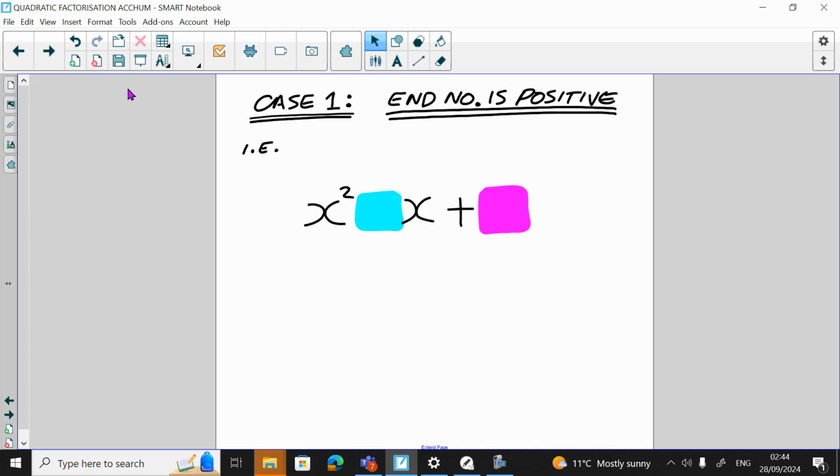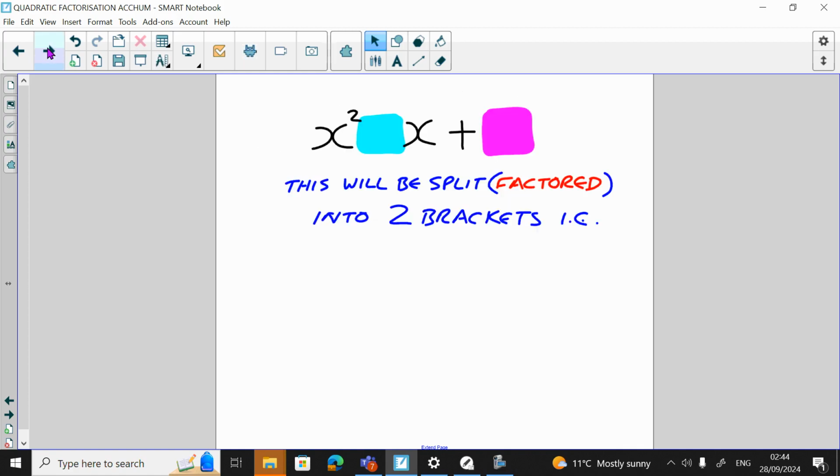That's what we're interested in here. So we're now going to split this quadratic trinomial expression into two parts, and we're going to put them into little brackets.